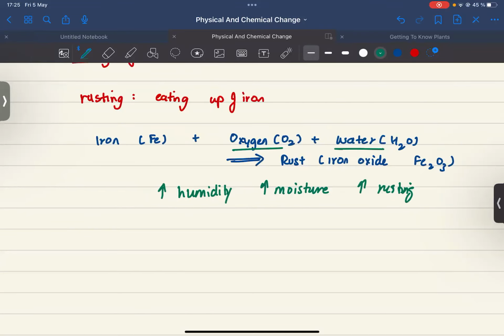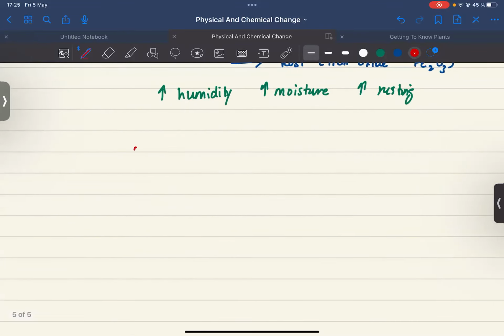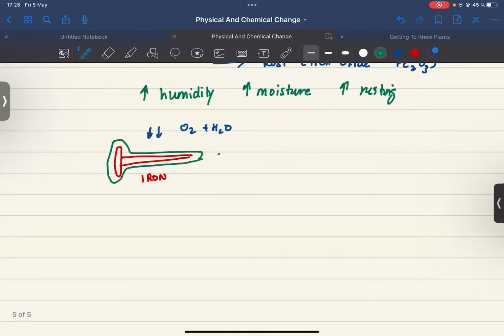Basically, if this is the iron, it is coming in contact with the oxygen and water, right? So we need a protective shield or a protective layer to prevent this iron from coming in contact with the air and the water.